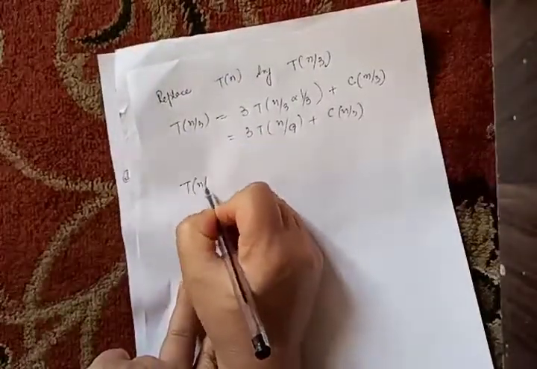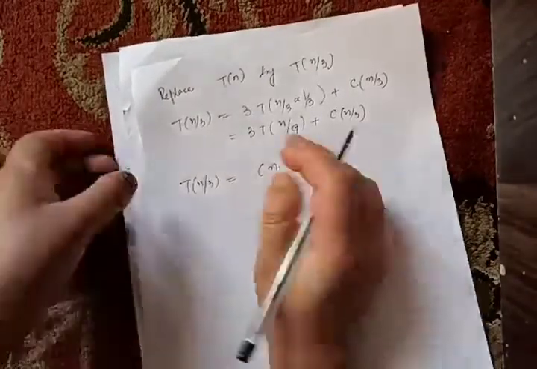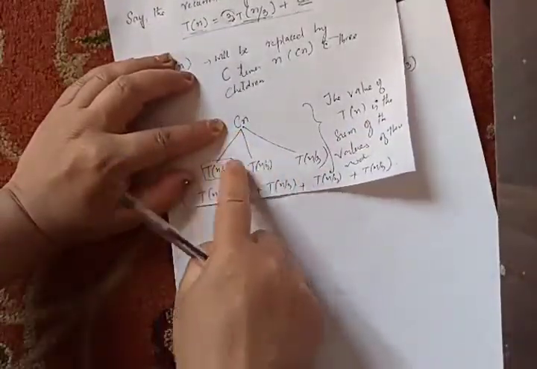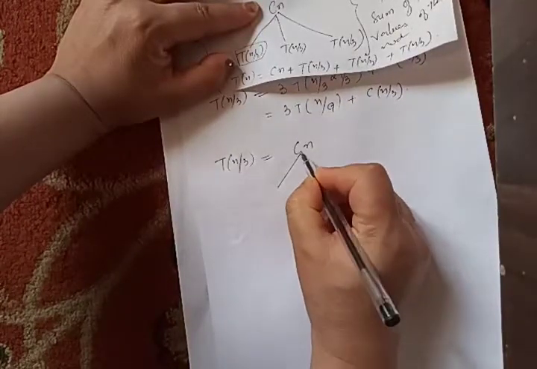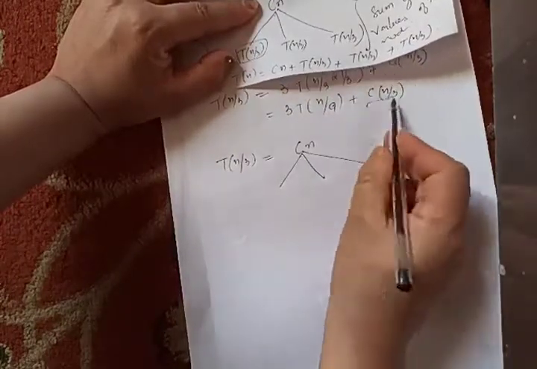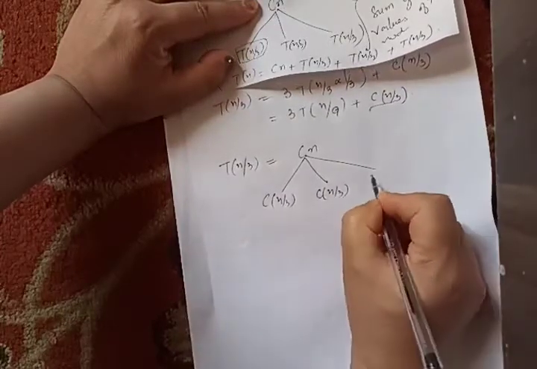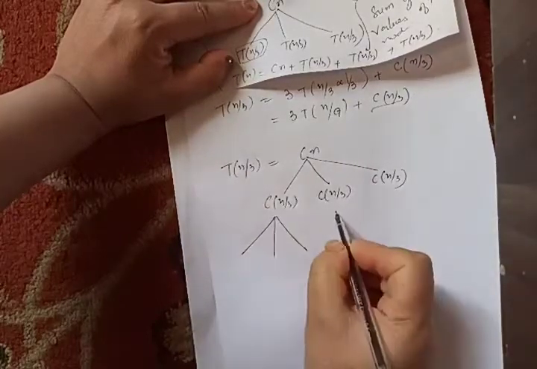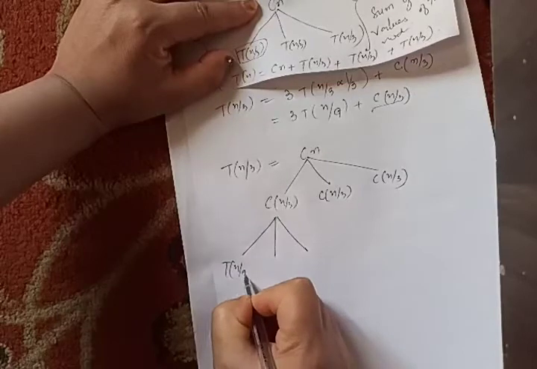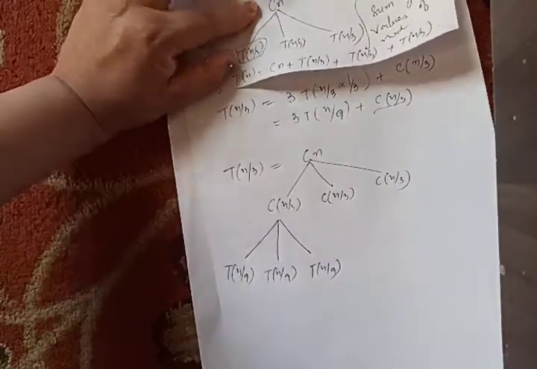Now T(n/3) will be equal to c·n/3 with its children. We have to replace these threes. How many children are we having? 3. Each has cost c·n/3, and each of those has children of size n/9: T(n/9), T(n/9), T(n/9).